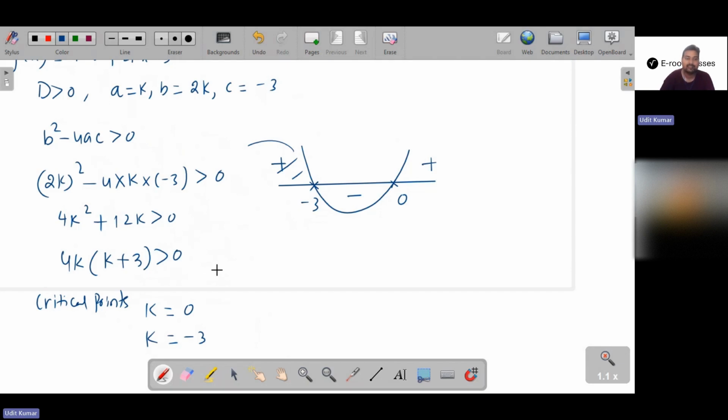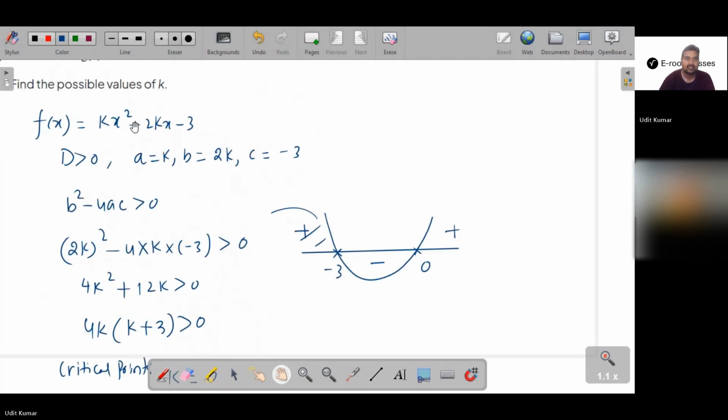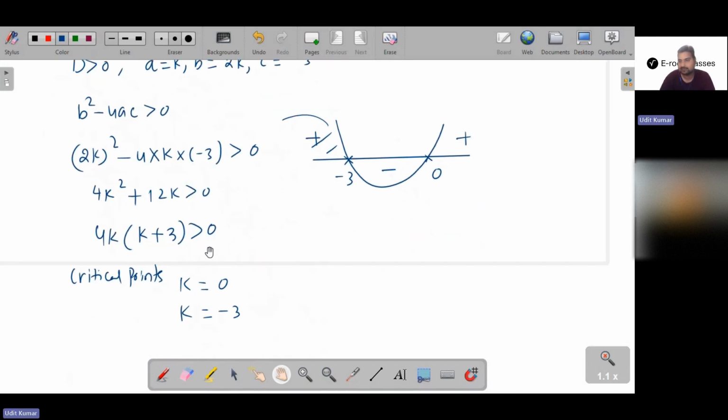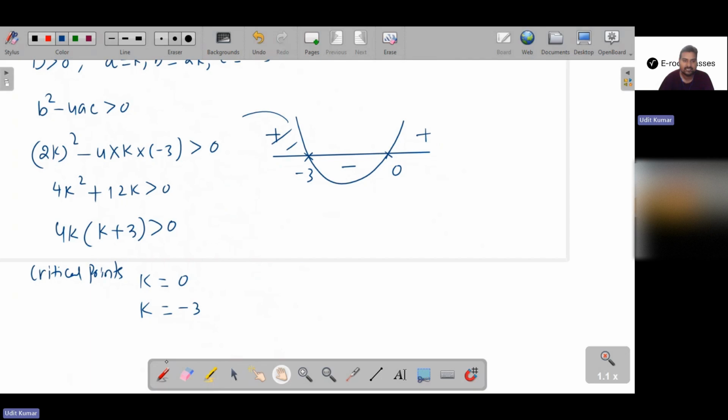Now you have to find when this f(x) is greater than 0, right? So for greater than 0, when k is less than minus 3 and k is greater than 0, then we can say that 4k times (k plus 3) is greater than 0, right? So this is the solution we are getting for f(x).